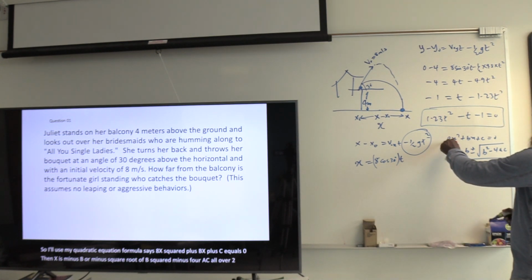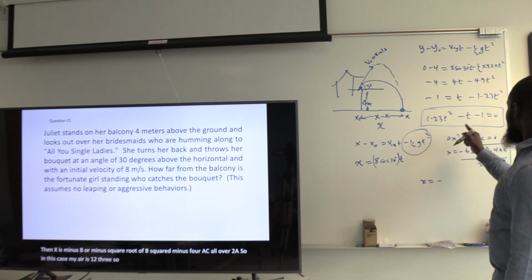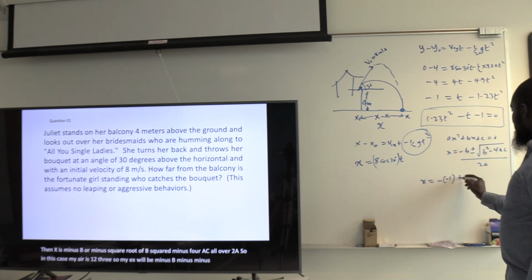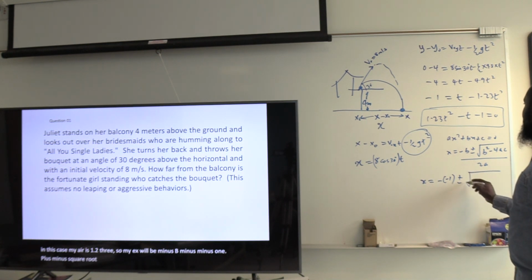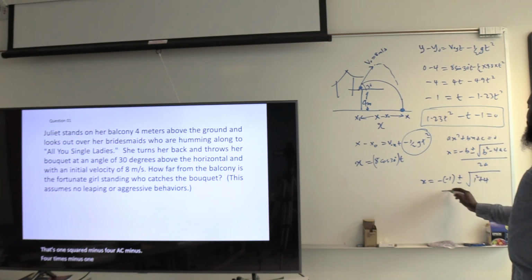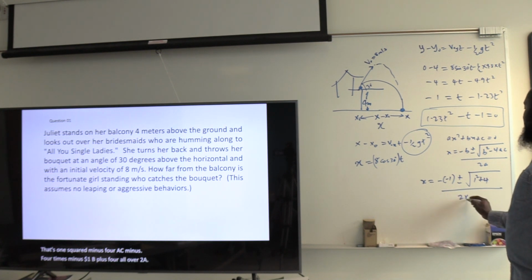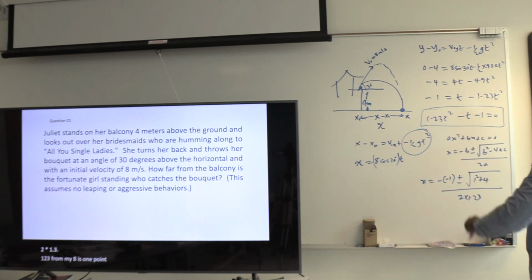In this case, a is 1.23, b is minus 1, c is minus 1. So x will be minus minus 1 plus or minus square root of 1 squared minus 4 times minus 1, so that will be plus 4, all over 2 times 1.23.